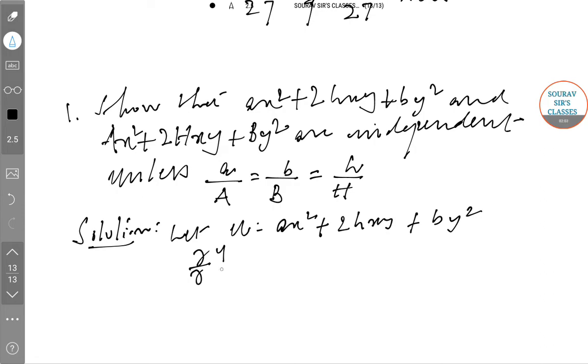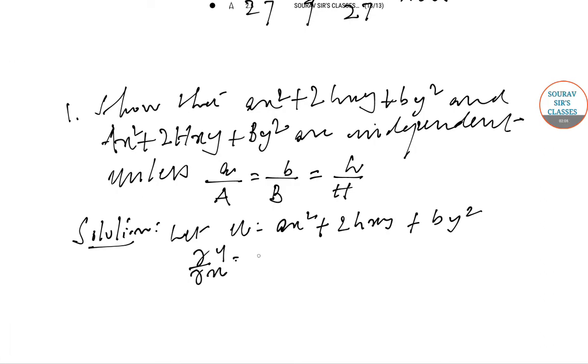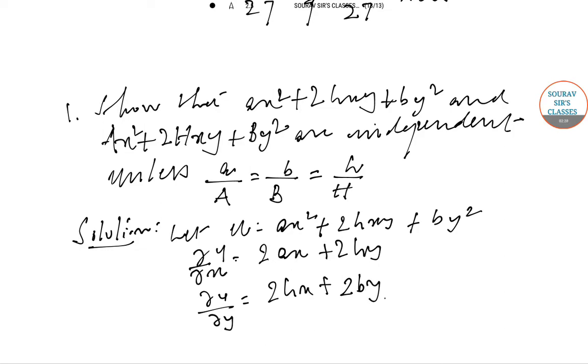So your du by dx becomes 2ax plus 2hy, and then your du by dy becomes 2hx plus your 2by, right?